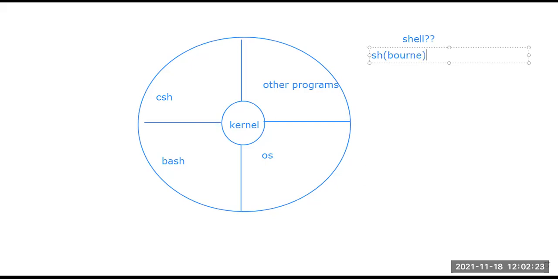So Bourne shell, or similarly SH, is called the original shell. Then there are CSH or TCSH. These terms are there. That is known as C shell.